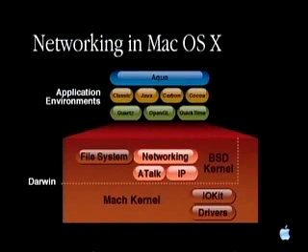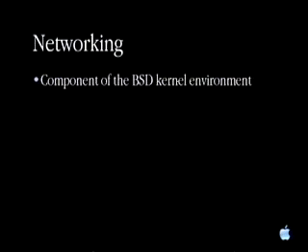Moving on in our tour now to networking. For networking under Mac OS X, again, networking is part of the BSD kernel environment. And it's based on, as Avie put it this morning, the reference stack, if you will, for IP in the internet world.